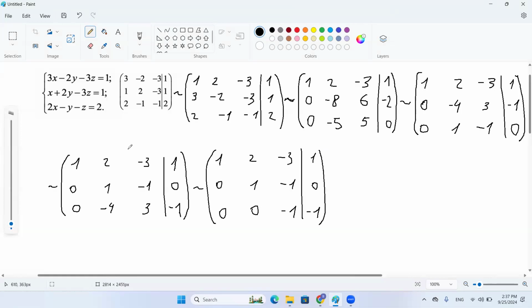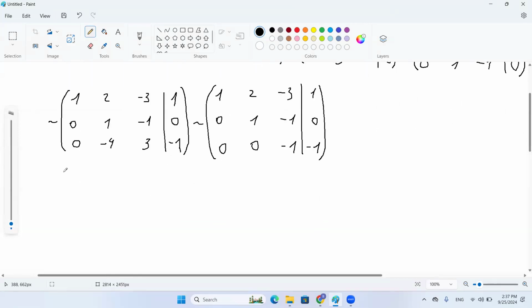Okay, so that was the forward Gaussian elimination. And now we will do the inverse Gaussian elimination. How does our system currently look like? So x1 plus 2x2 minus 3x3 equals 1.